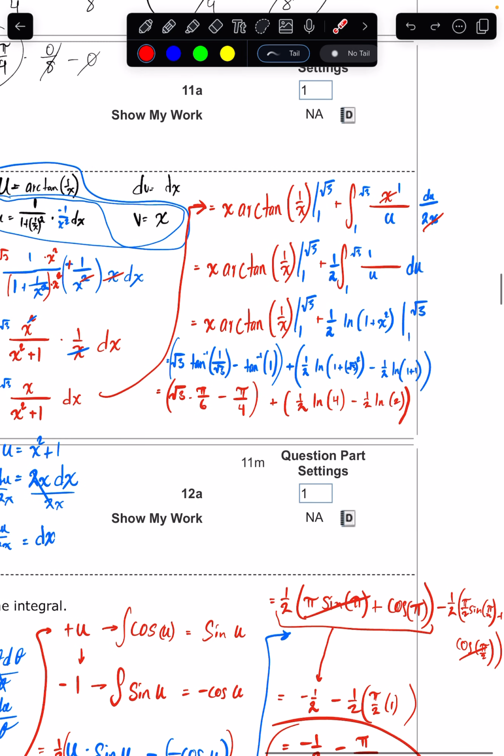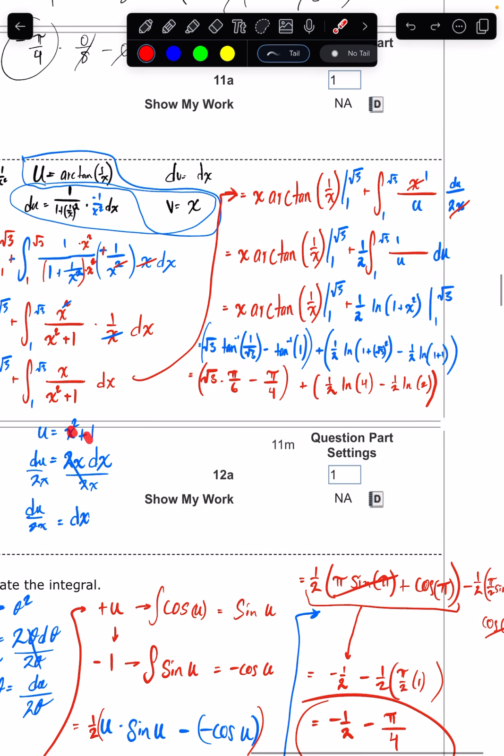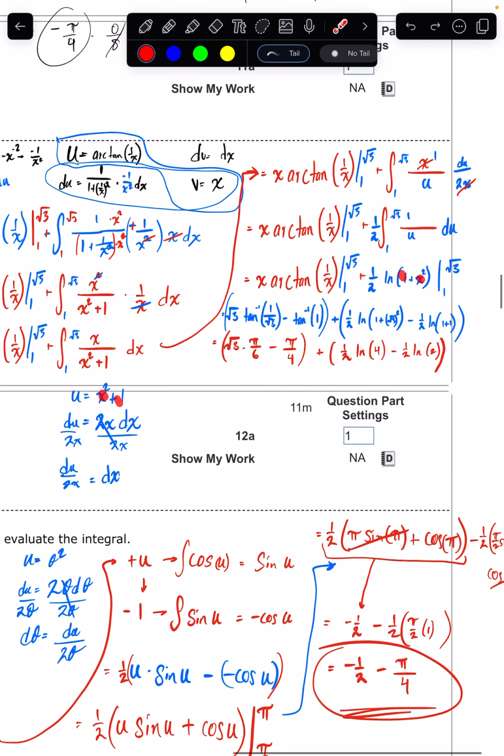You can substitute that for dx, and that crosses out the x. You're left with 1/2, which you can bring outside the integral, and just integrate 1 over u, which is ln of u. And our u value, when we substitute it back in, is x squared plus 1.